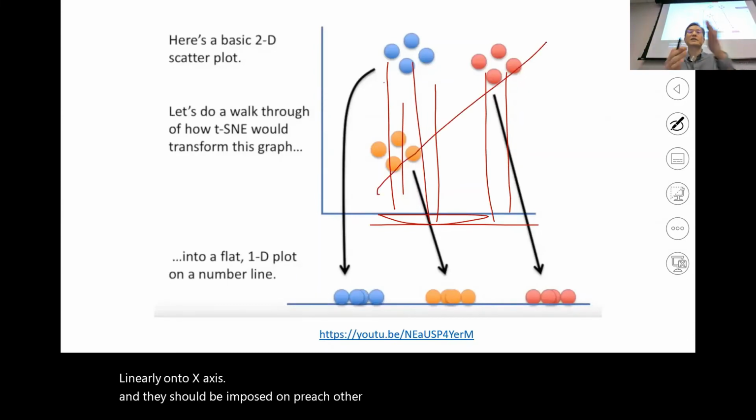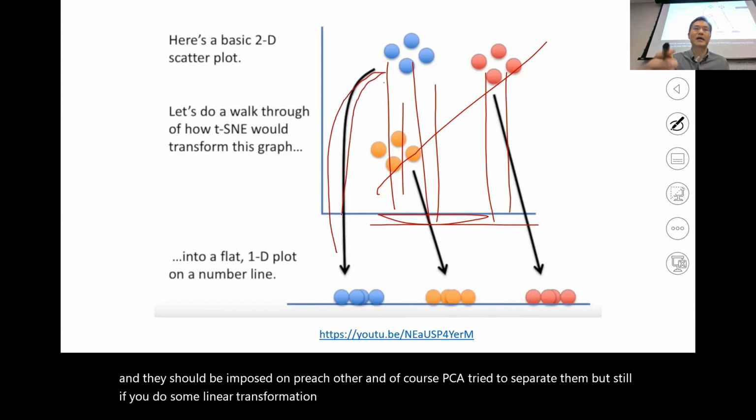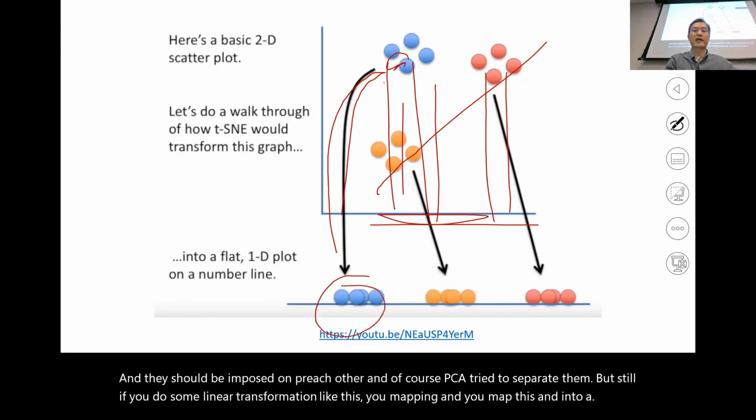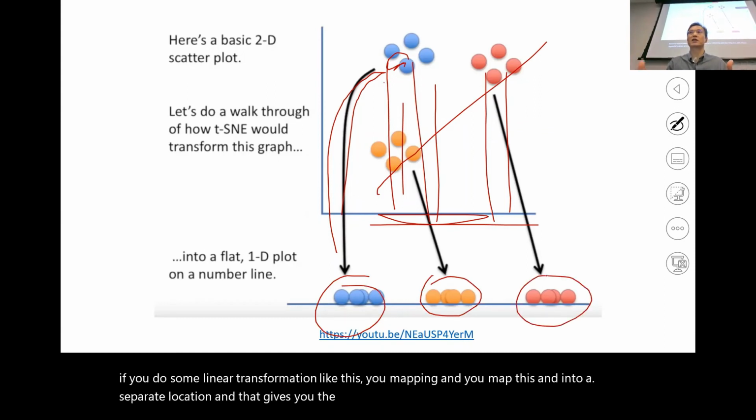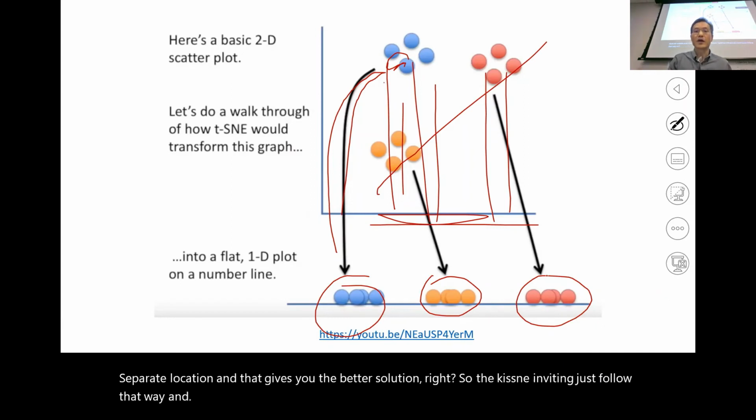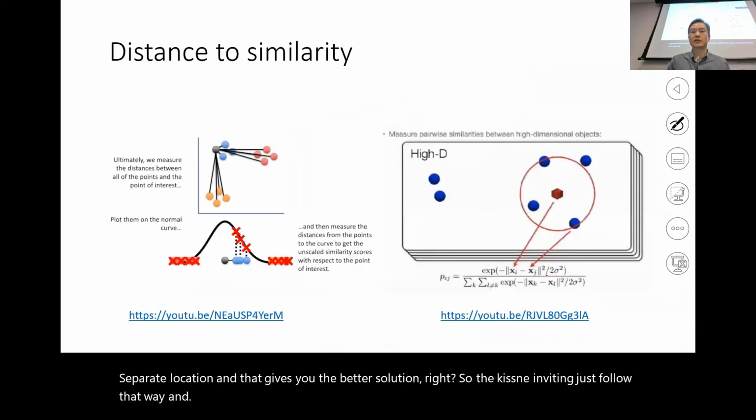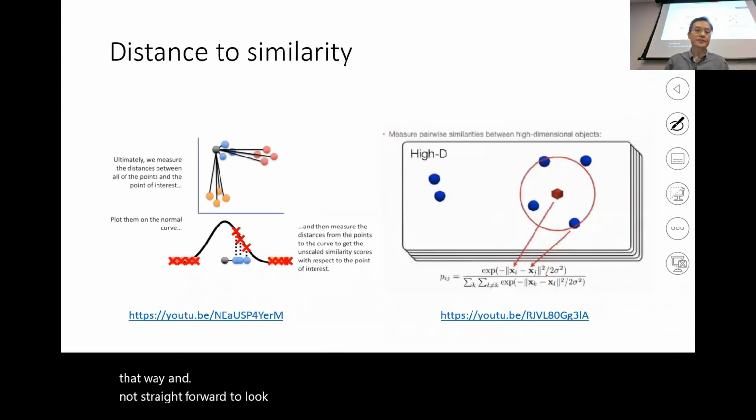Of course, PCA tries to separate them, but still, if you do some linear transformation like this, you map this into a separated location, and that gives you a better solution, right? So the t-SNE embedding just follows that way, and it's not straightforward, but looks at the neighbors.